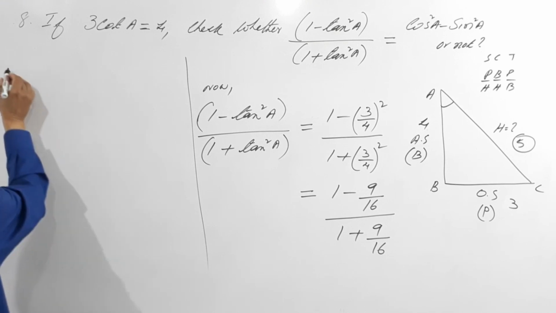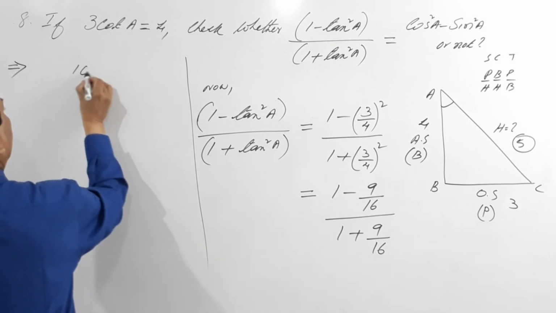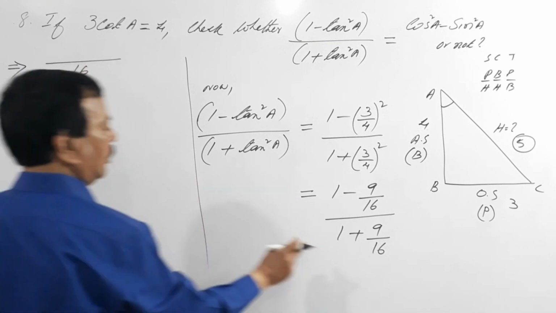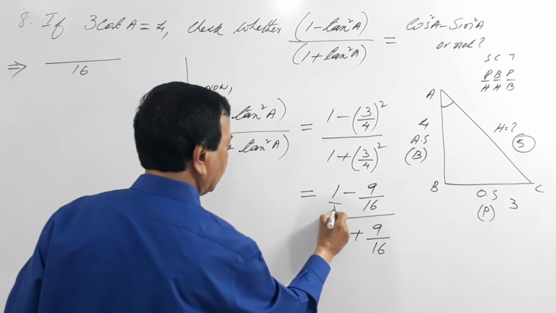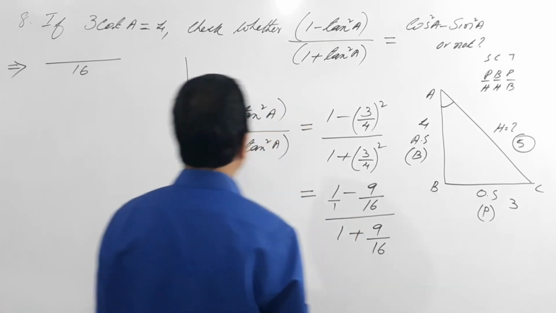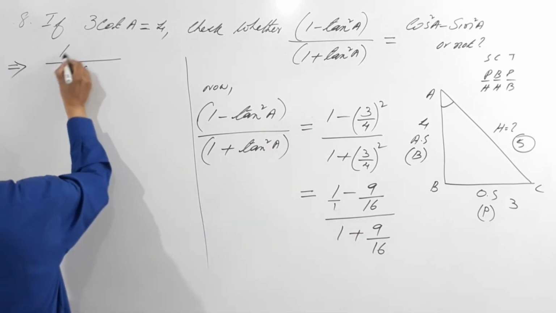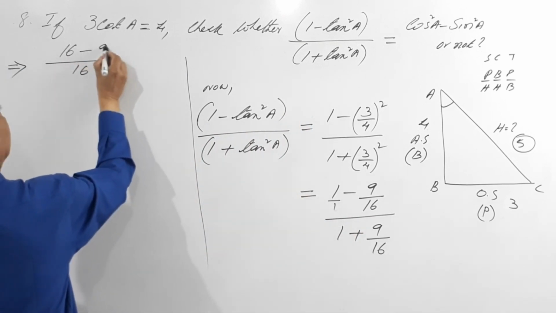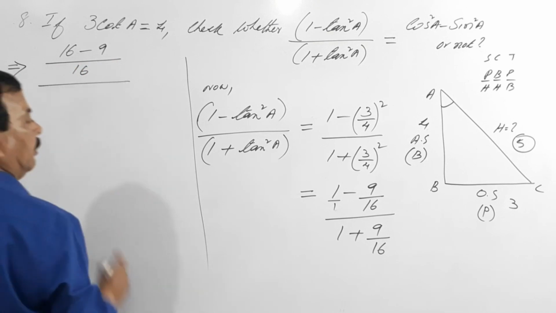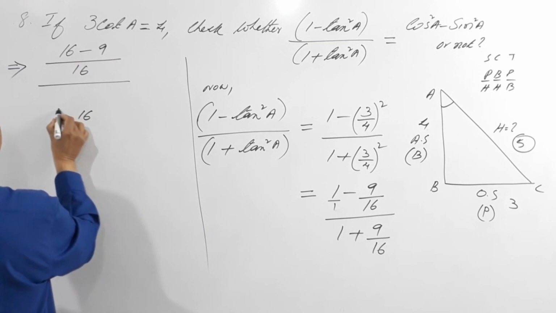So what happens here? That is, 16 is the LCM. In the numerator, I take this, 1 goes, I put 1 below this. So 1 goes 16 times, 16 into 1 is 16, minus 9, divided by, again here, this is 16.